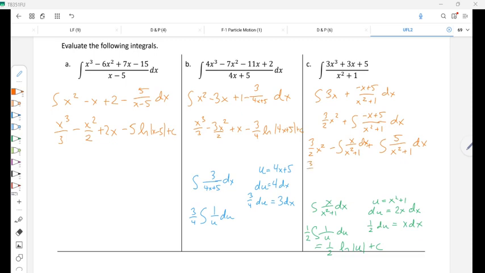So we have 3/2 x squared minus 1/2 ln absolute value of x squared plus 1, and those absolute value bars are serving no purpose because x squared plus 1 will never be negative, but they're fine to be there, plus 5 arctan of x plus c.